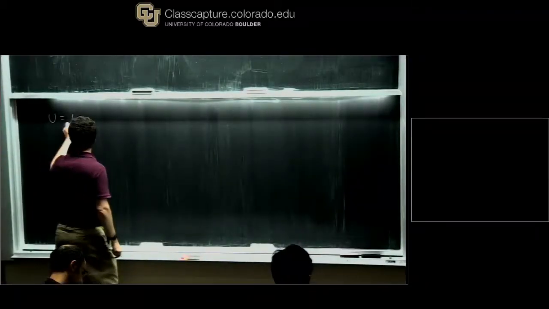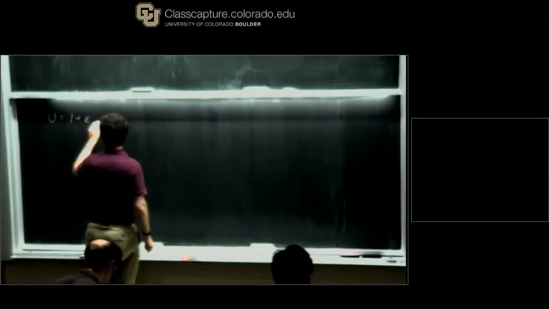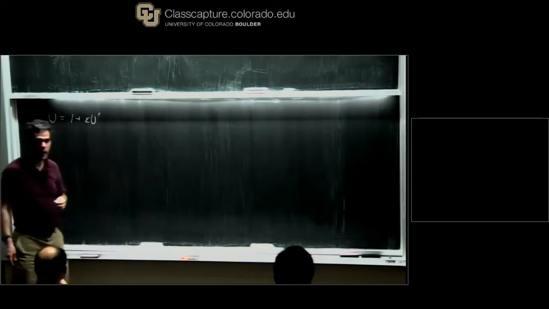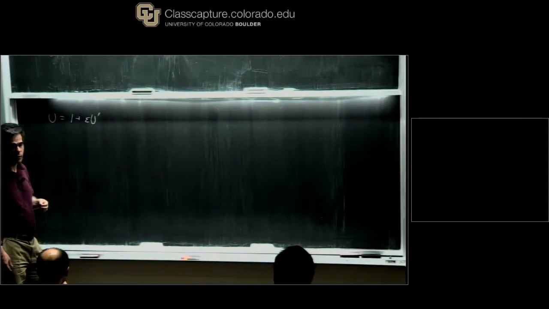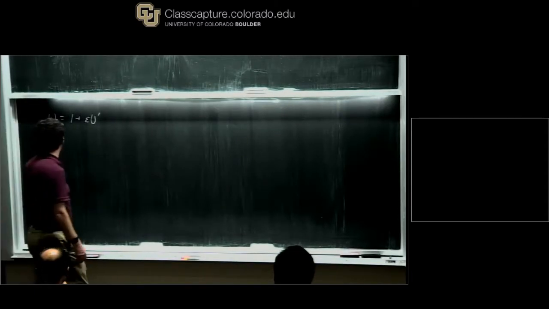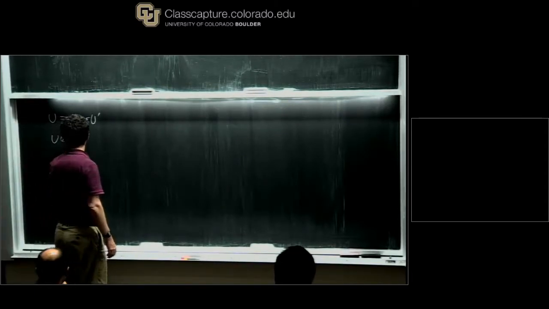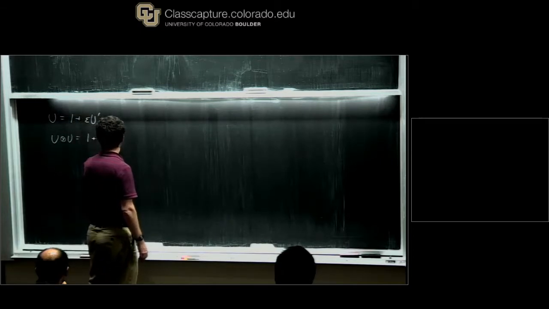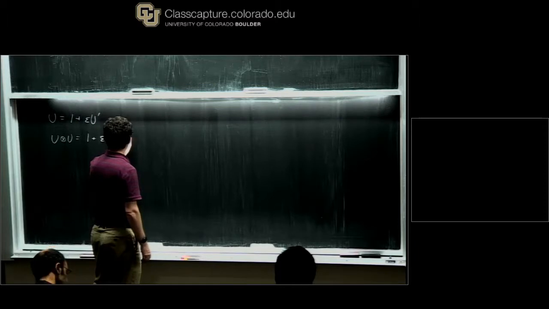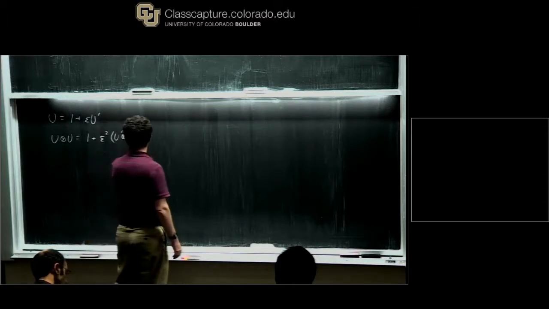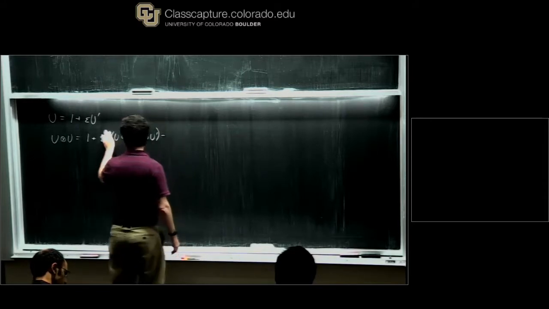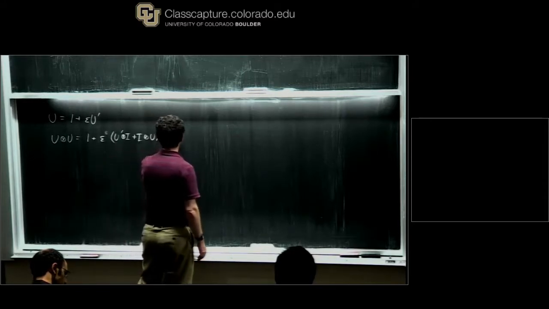Suppose we have U equal to 1 plus epsilon U prime, and we have this on, say, 2 qubits. So we'd have U tensor U, which you can write as 1 plus epsilon (U prime tensor I plus I tensor U prime), plus something that's O of epsilon squared.